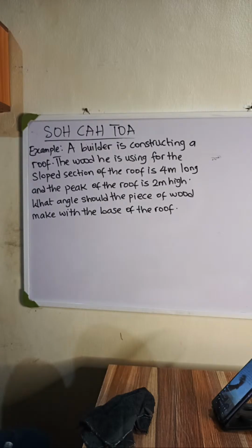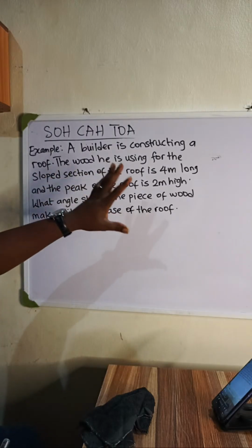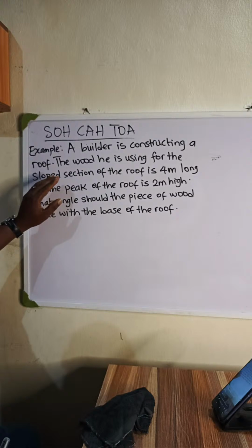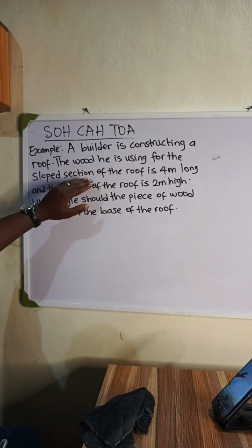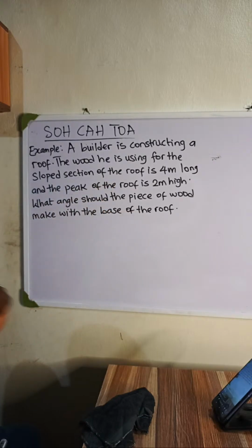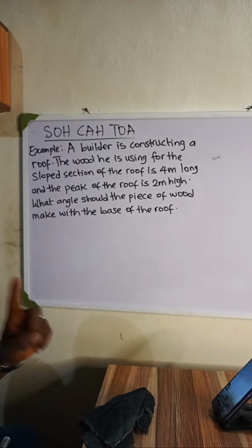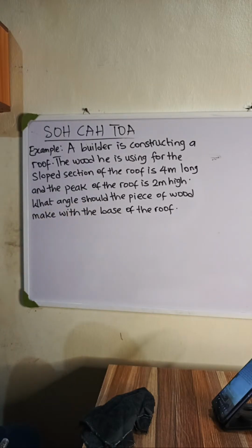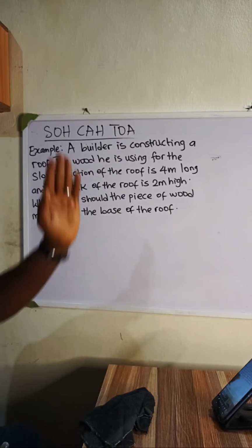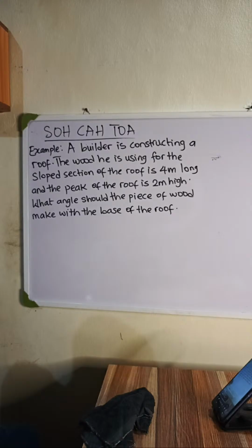Here we are told that a builder is constructing a roof. The wood he is using for the sloped section of the roof is 4 meters long. That's the length of the wood he's using. And the peak of the roof, the highest point, is 2 meters high.